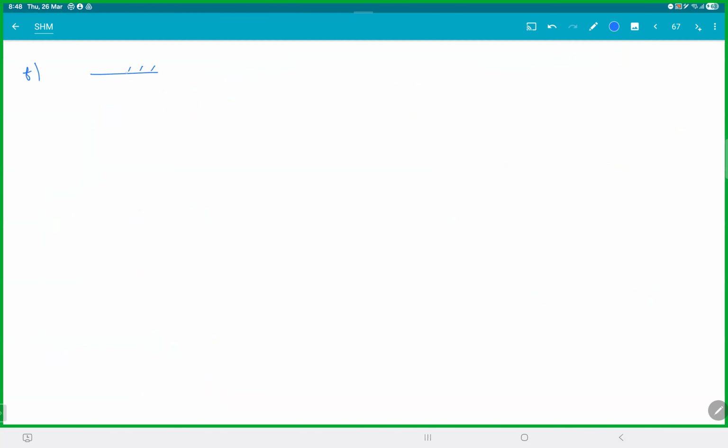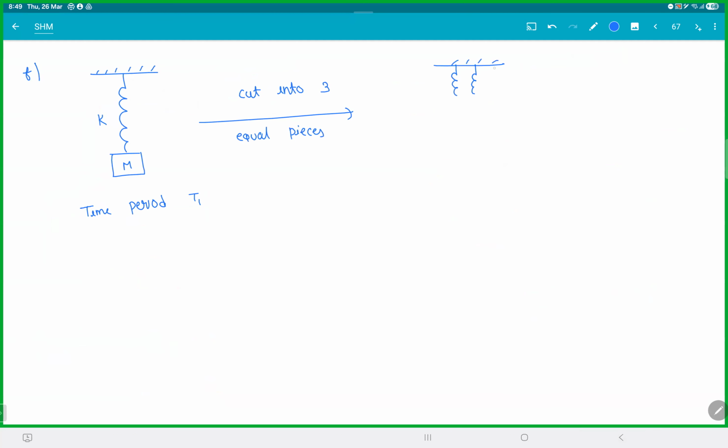This is a PYQ, the easy one. We have a spring here, mass m, spring constant k, and the time period is t1. Then you cut it into 3 equal pieces, and you keep them like this. The new time period is t2.